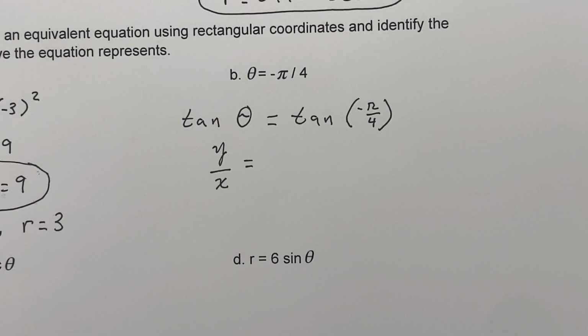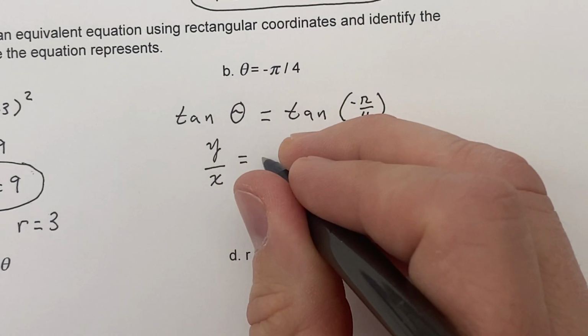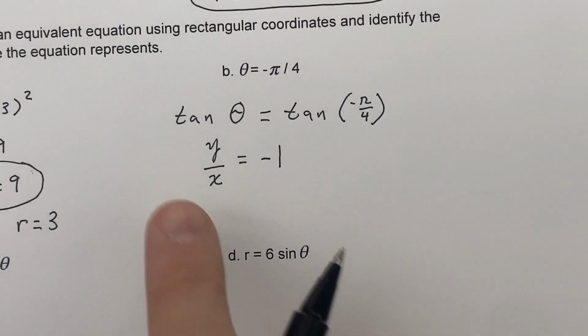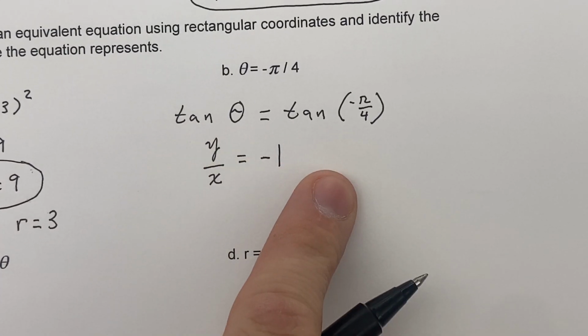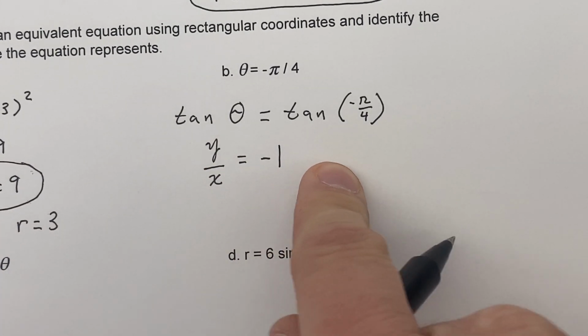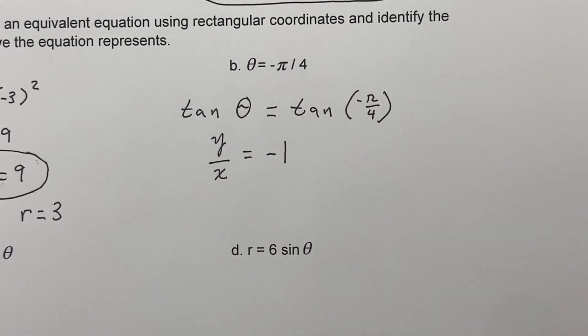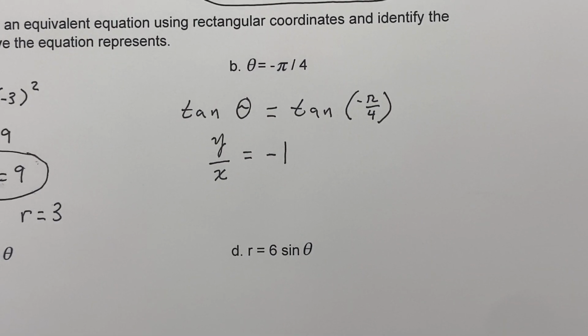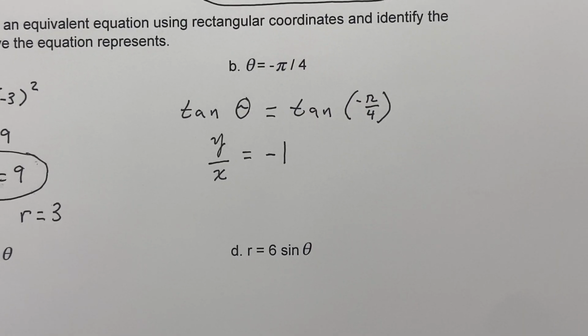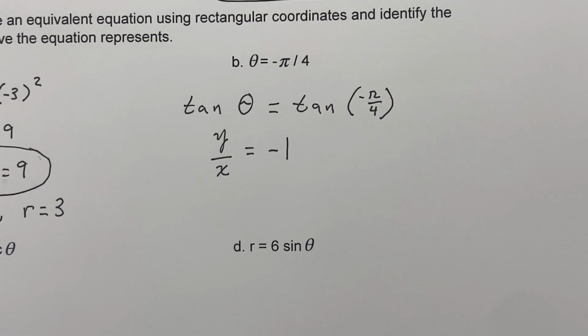I think it's negative 1. That middle one. There you go. So we substituted here on the left, evaluated here on the right. We just go to our unit circle, find negative pi over 4. X and y are the same, except one of them is negative. Your y value is negative, so it's negative 1.